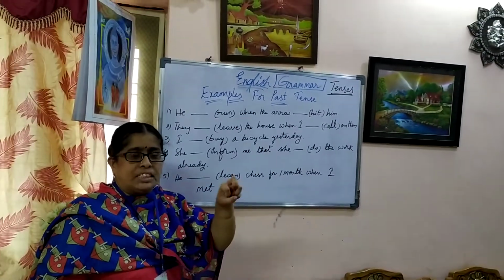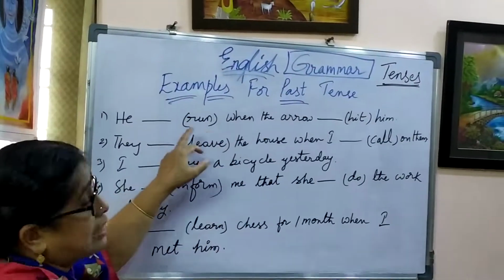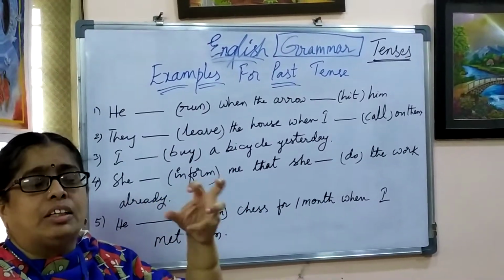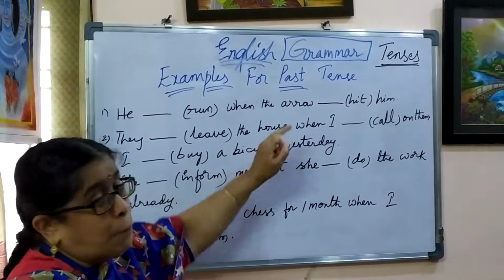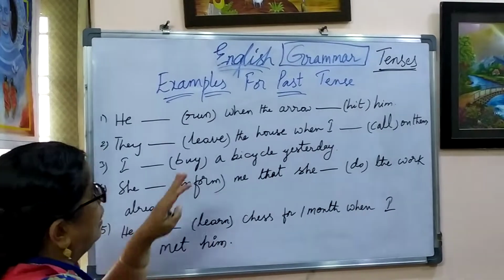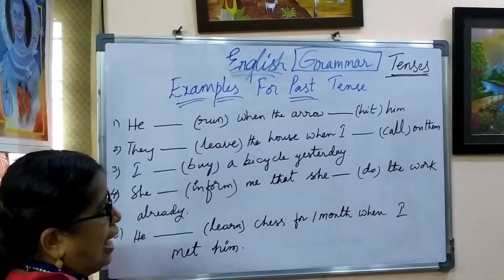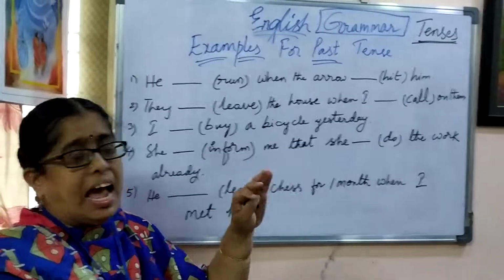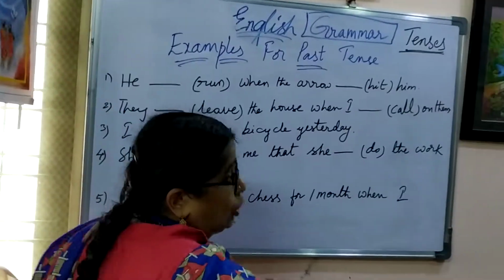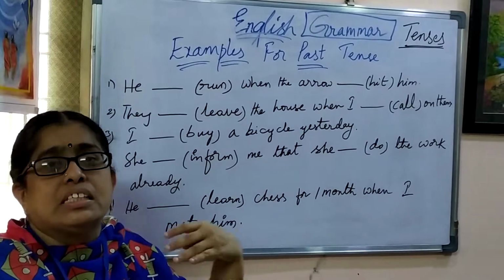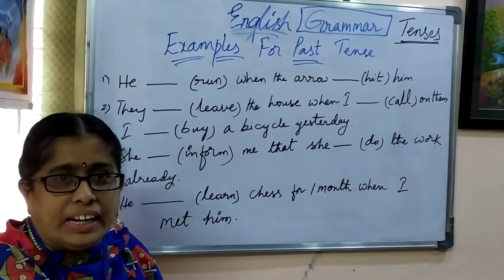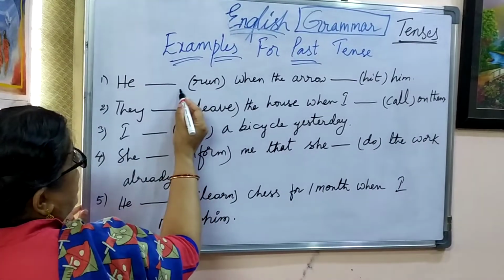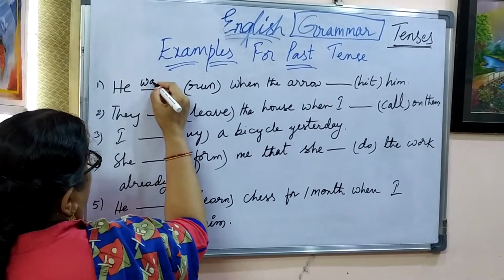For the action which is in progress we use past continuous, and for the action which is completed we use simple past. Running was in progress, and the hit action happened. That's why here we use past continuous: he was running.